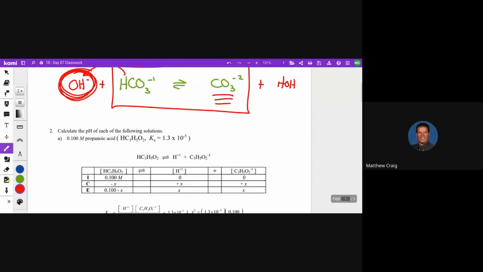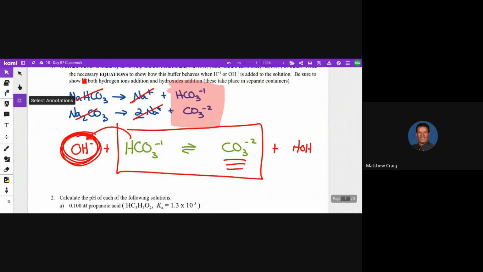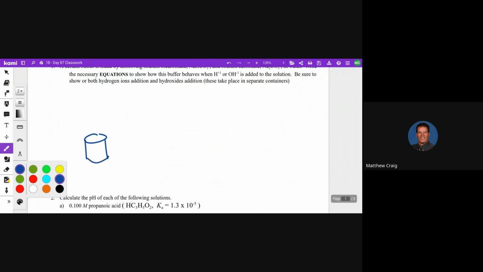All right. So now looking at question number 2, let me zap this, clear that out. It is saying, okay, we've got part A, part B, part C, part D. And you can see it on your paper. I'm not going to scroll down. But the scenario is we've got 4 different containers that we're starting off with.